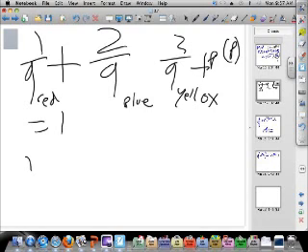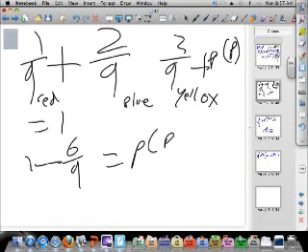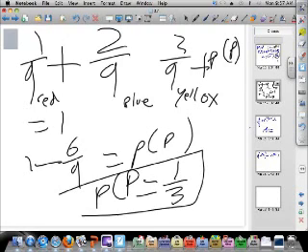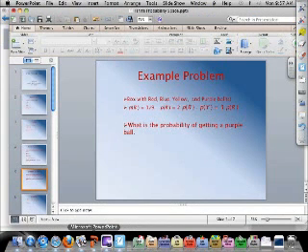Simple arithmetic shows that 1 minus 6/9 is equal to the probability of P. So the probability of P is equal to 1/3. This is, of course, assuming that the only balls inside of this box are red, blue, yellow, and purple.